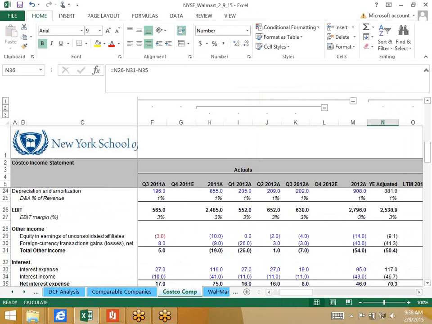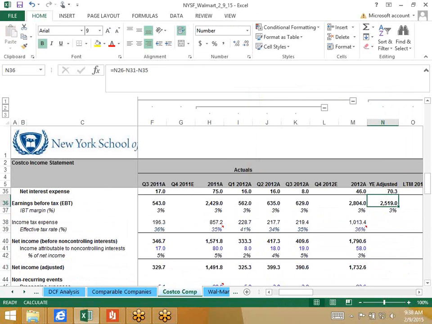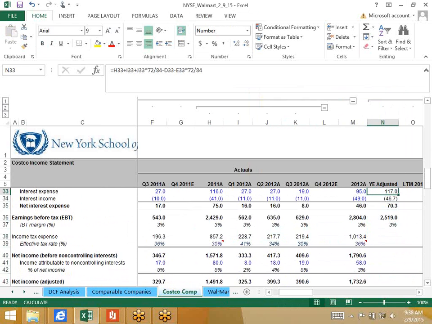Okay, let's continue. So the taxes, income tax expense. We need to reverse this back to the normal way of doing tax. We've already done our haircut adjustments and things like that. We're going to take these adjusted numbers as reported, and make our LTM year-end adjusted calendarization adjustments as we had done for any other individual line item.